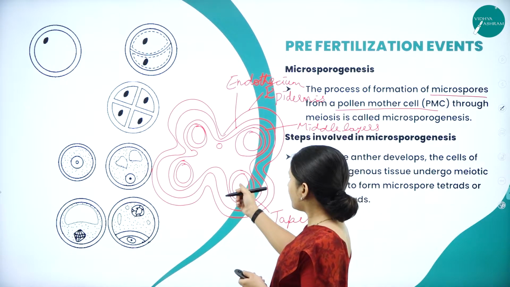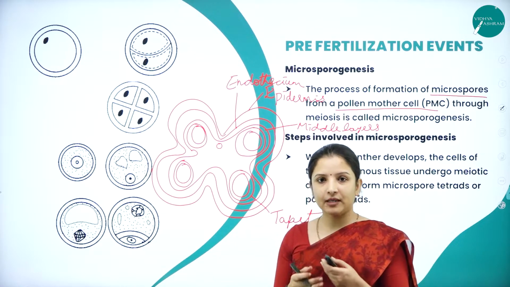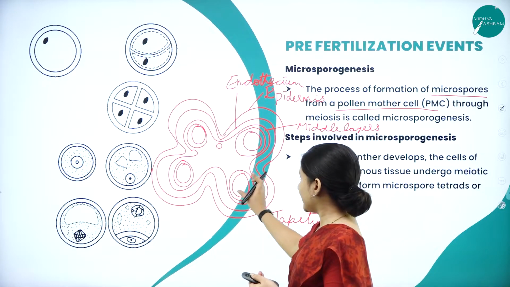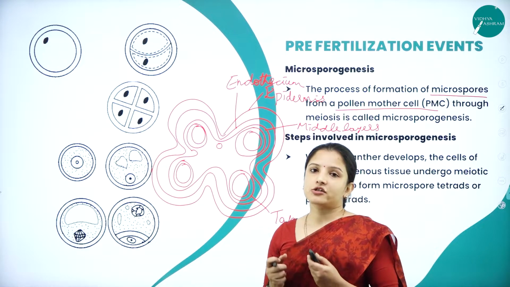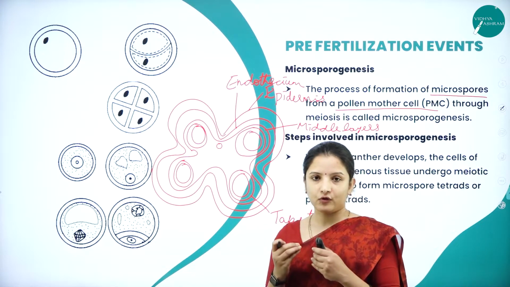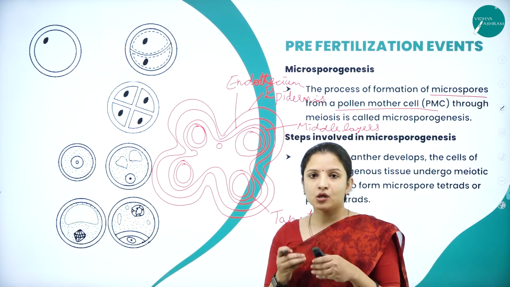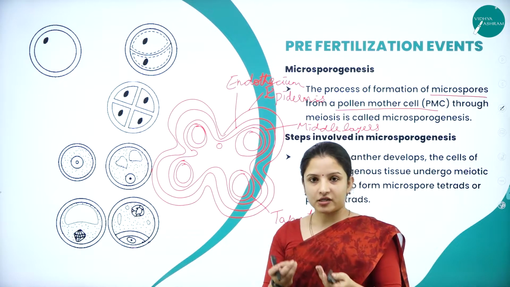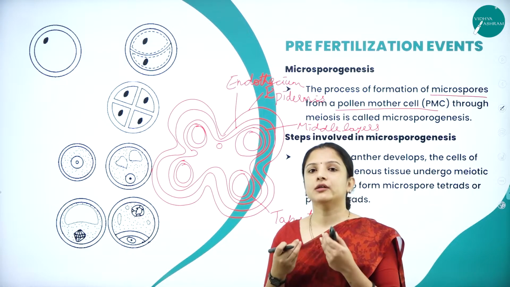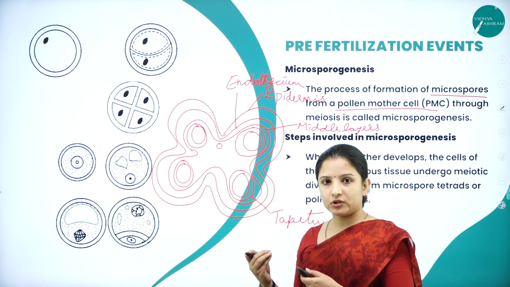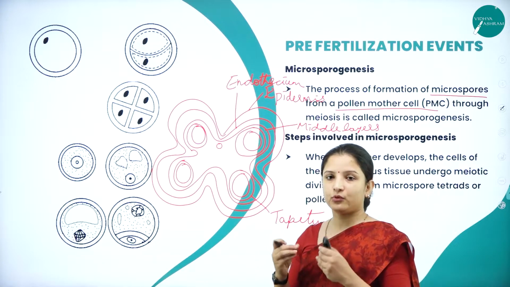Whatever pollen grains are developing or maturing inside the pollen sac get nourishment from the tapetum. Therefore, the tapetum is the layer that provides nutrition or nourishment to the developing pollen grains present inside the pollen sac.